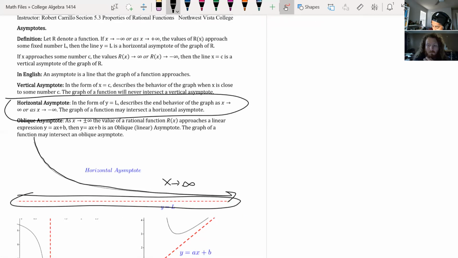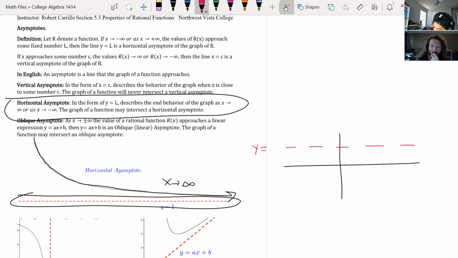Let's say I had a graph, and let's say my function did something. First off, I'll draw a horizontal asymptote here. We'll call this y equals L. And let's say my graph looks like this. So as x heads towards infinity, this graph would come up and get closer and closer to that line, but it may never touch it.